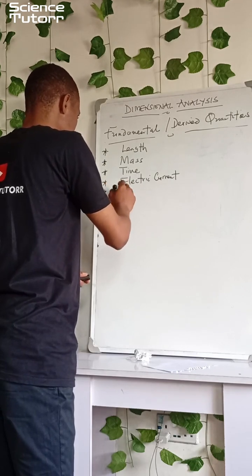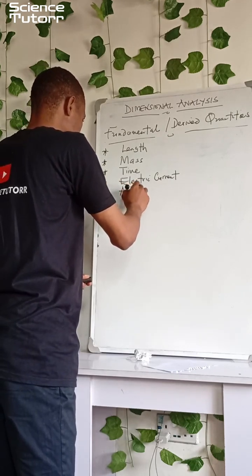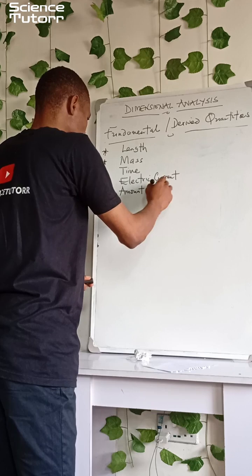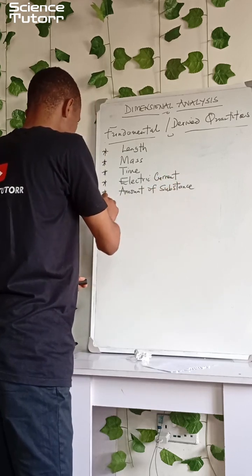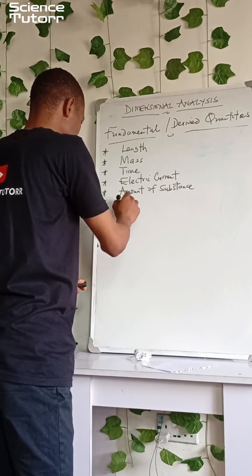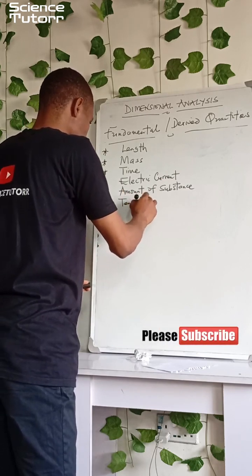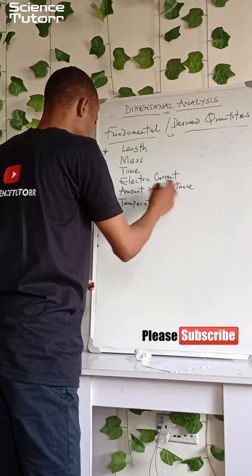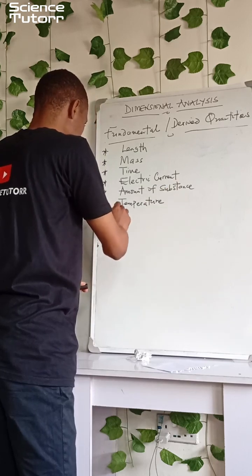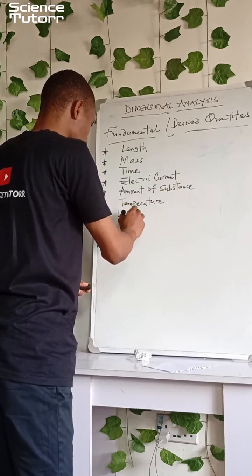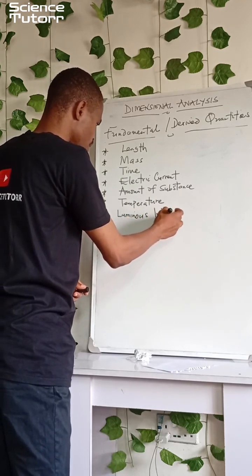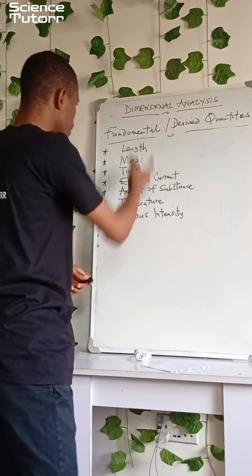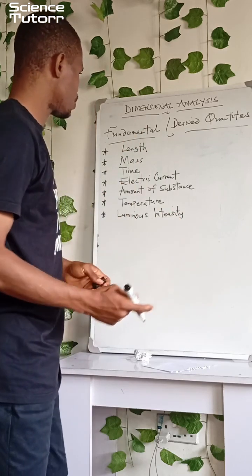We have the amount of substance. Number 6, we have temperature. Temperature is also a fundamental quantity. And then finally, we have what we call luminous intensity. All these are fundamental quantities.